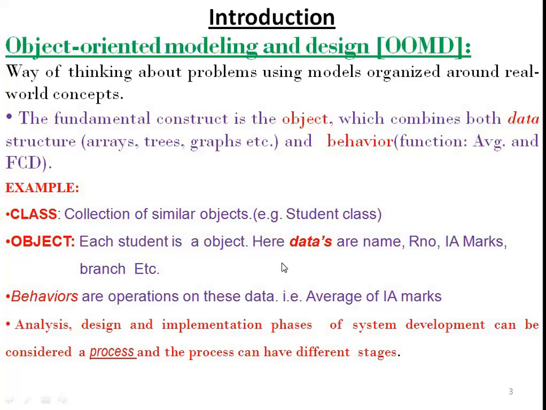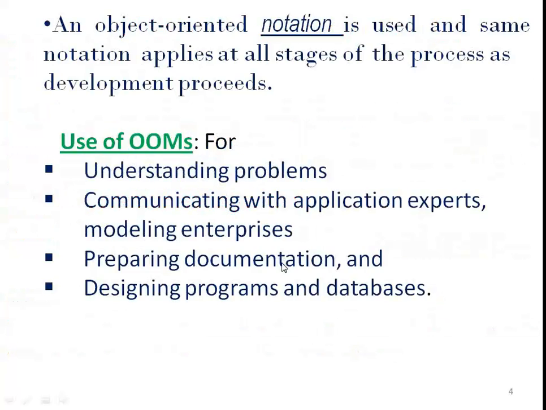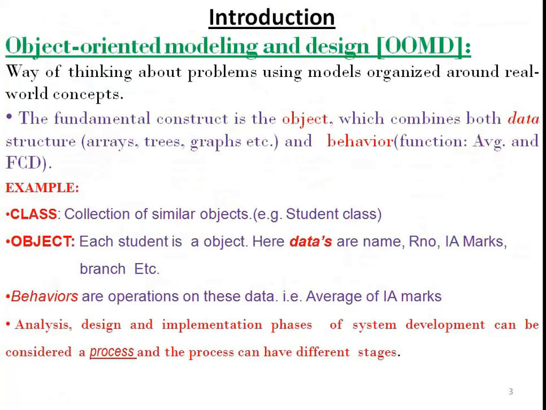Roll number 1 is Ramesh, and the data for that student is the name, roll number, CGPA, branch, etc. The behavior is the operation on this data, so the operation here is the average of CGPA. So a class is nothing but a collection of similar objects, each student is an object, and behavior is the operation on this data. So an object combines both data structure and behavior.